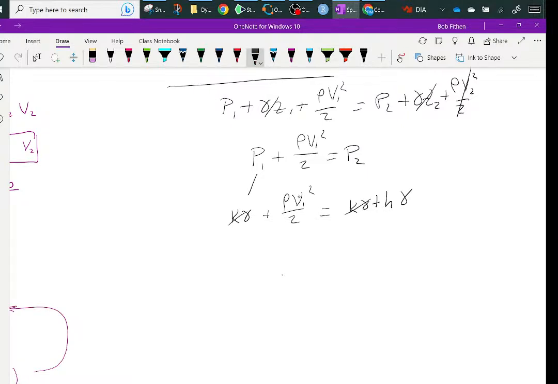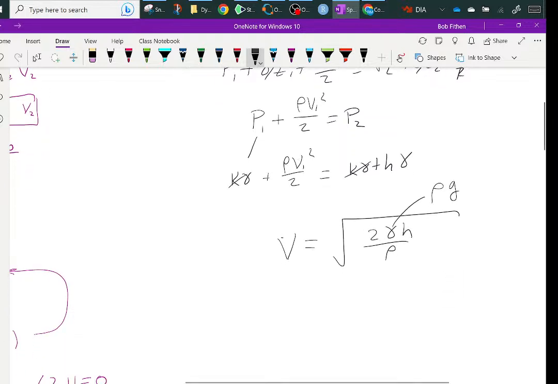Okay, wait a minute. V, because that's what you want. The velocity of the river is the square root of 2 gamma H over rho, and gamma is rho times g, so believe it or not, it's just the square root of 2gH.